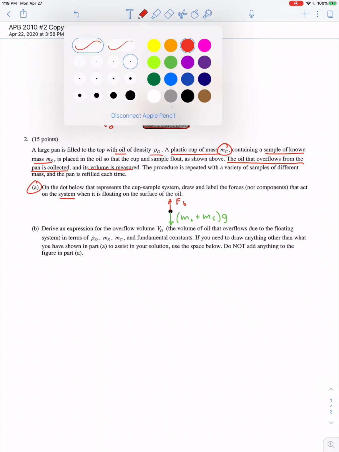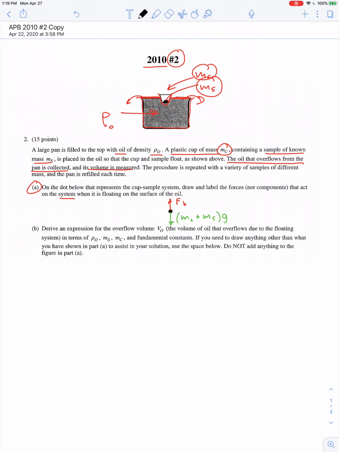From that, we can derive an expression and answer part B, and derive an expression for the amount of overflow volume. So the buoyant force has to equal the mass of the cup plus the mass of the sample multiplied by g.